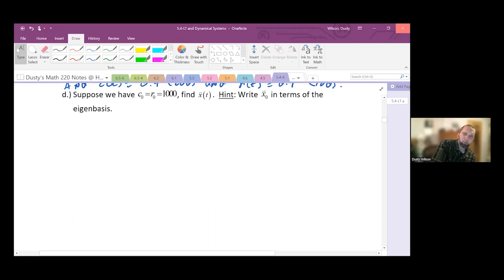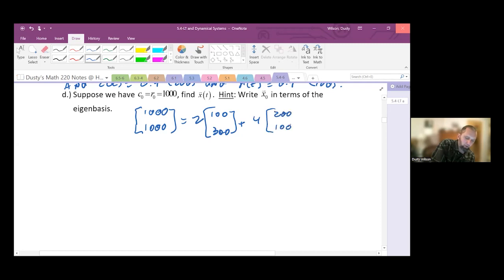So we can do a little bit of math, and we learn that 1000, 1000, that initial state, is equal to 2 times 100, 300 plus 4 times 200, 100. We'll call this first vector b1, second vector b2.